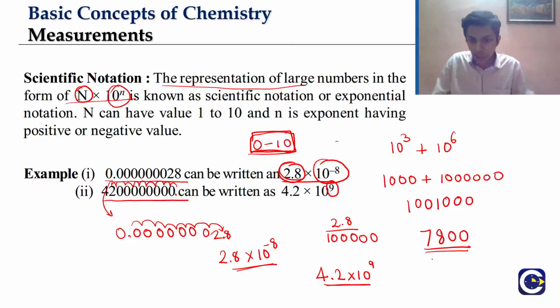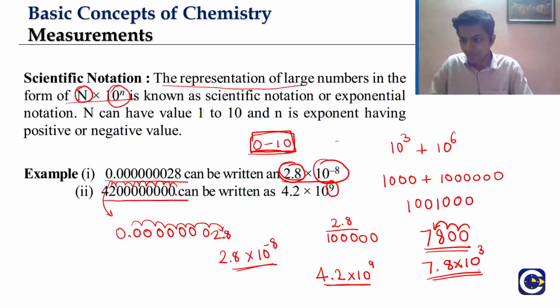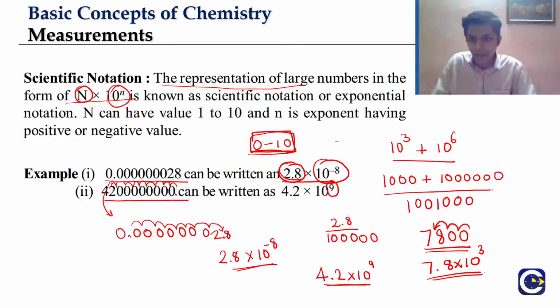Yes. 7.8 into 10 power 3. How it is 10 power 3? You will have to move 1, 2, and 3 decimal places. So it will be 10 power 3. Clear? How to perform various operations like addition, multiplication, subtraction, all of this I'm going to teach next.